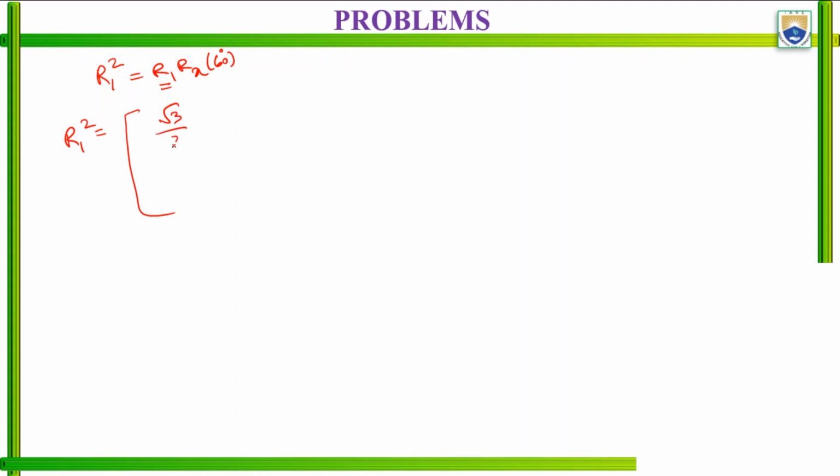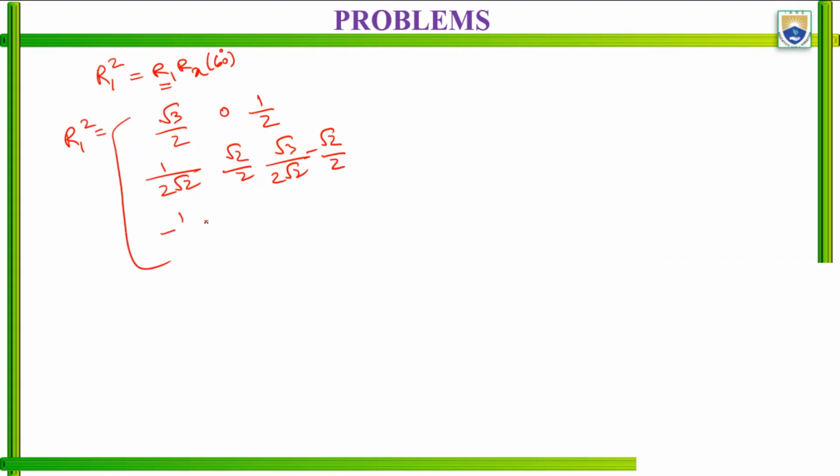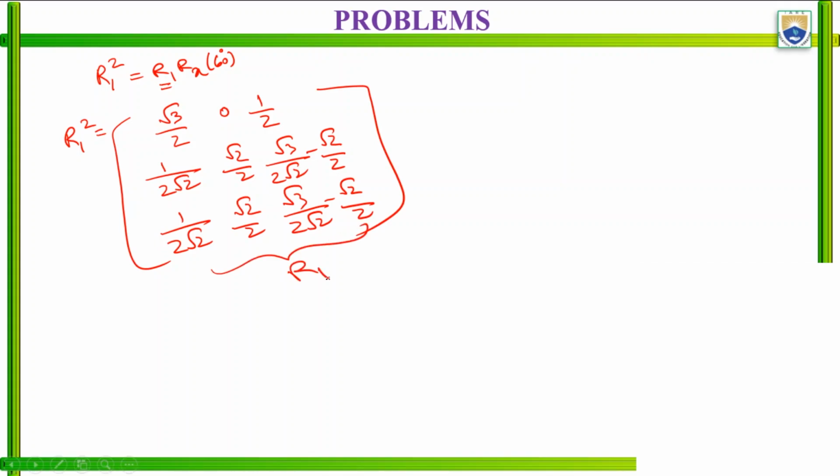root 3 by 2, 0, 1 by 2, 1 by 2 root 2, root 2 by 2, root 3 by 2 root 2 minus root 2 by 2. So this is the R1 matrix.